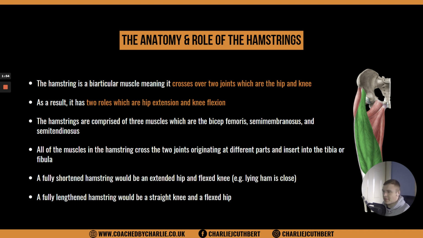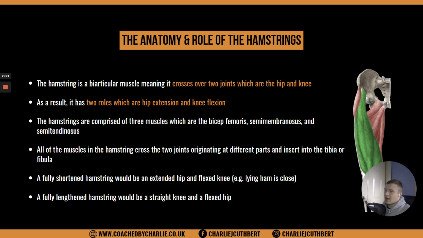All parts of the hamstring cross over these two joints, which basically means they all carry out that role. Whereas when it comes to the quads, for example, not all parts of the quad start and end in the same region, if that makes sense. So one part of the quad has a different role.